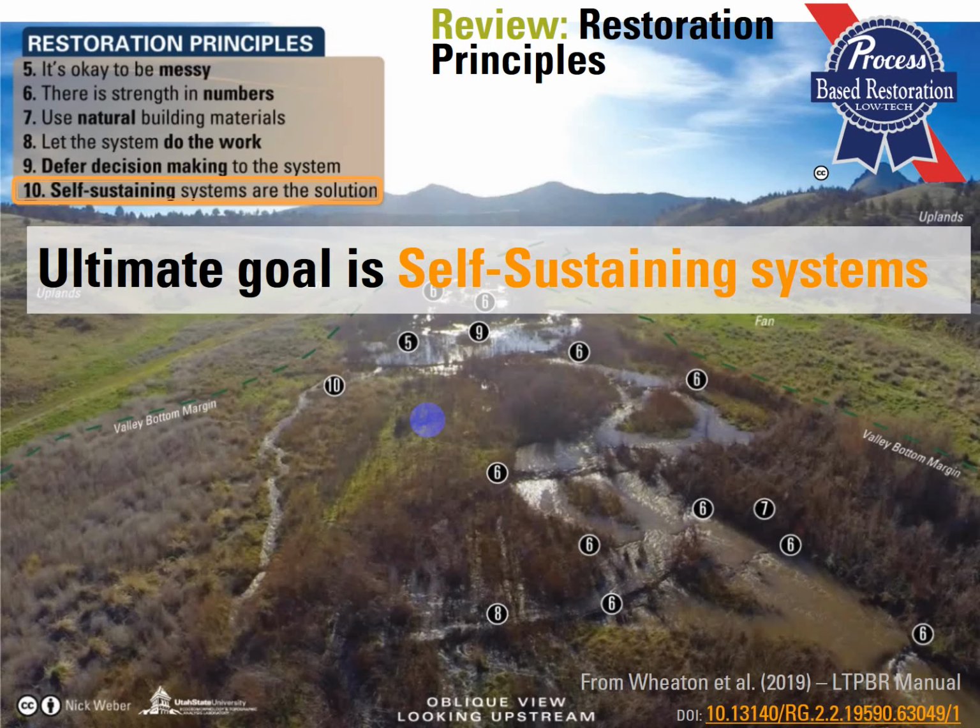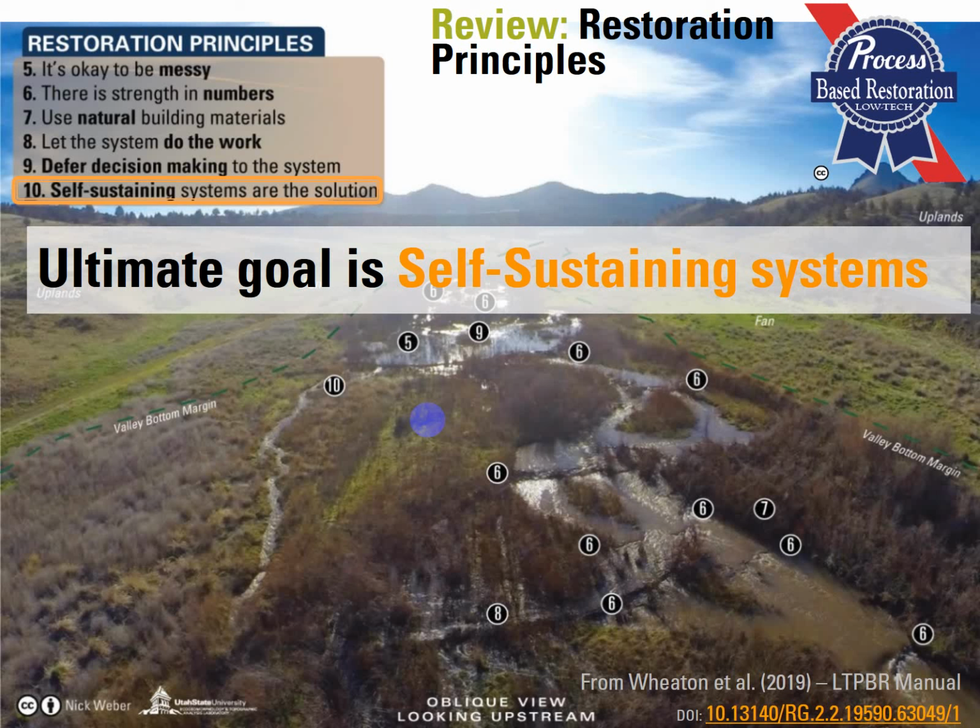So in review, we talked about Riverscape Principles that helped us. We had 4 of them that helped us identify what constitutes a healthy riverscape. And then we have these restoration principles that are more tailored to guiding what you do, your actions in planning, design, implementation, and adaptive management for low-tech PBR.